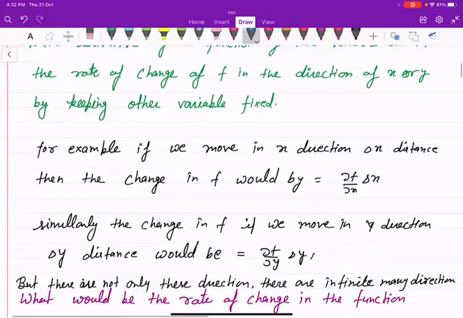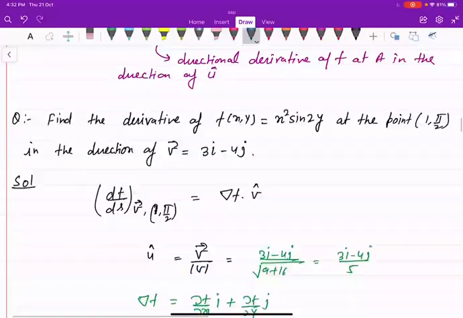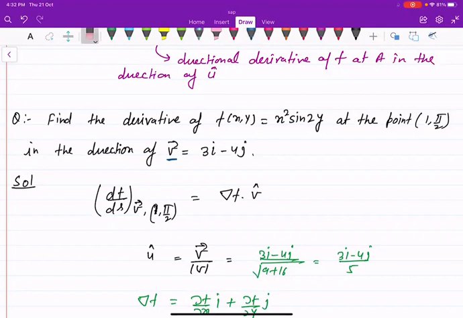So one example we have done in the previous class: find the derivative of the function f(x,y) at the point 1, pi by 2 in the direction of b equal to 3i minus 4j. In which direction do we have to compute the directional derivative? In the direction of b. So we have to compute df over ds in the direction of b at the point 1, pi by 2.